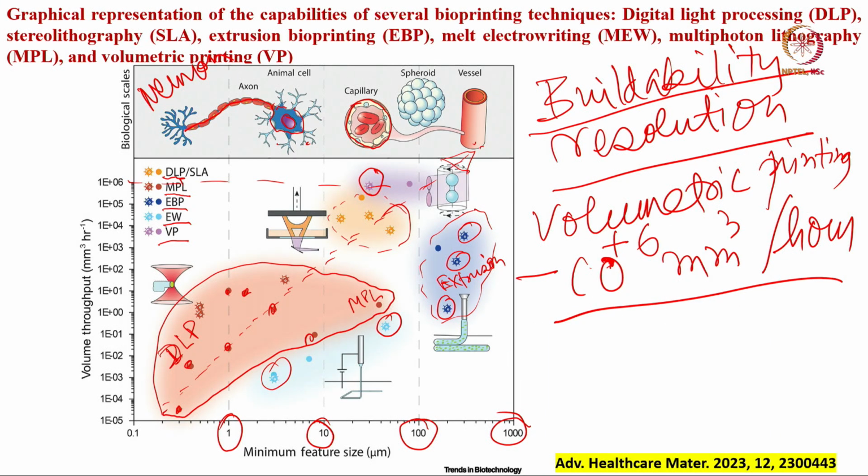This trade-off needs to be learned from these data points, which are a summary of several experimental studies on techniques that are moderately well explored or relatively less explored, like DLP, multi-photon lithography, extrusion bioprinting, melt electrowriting or volumetric printing.